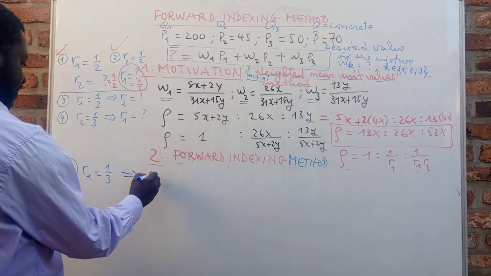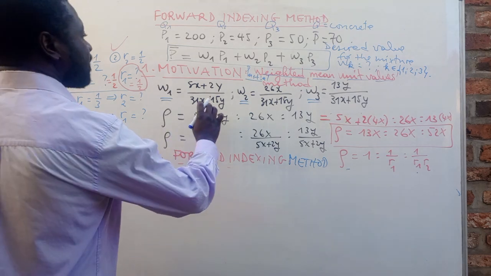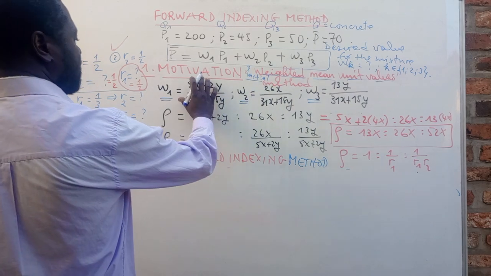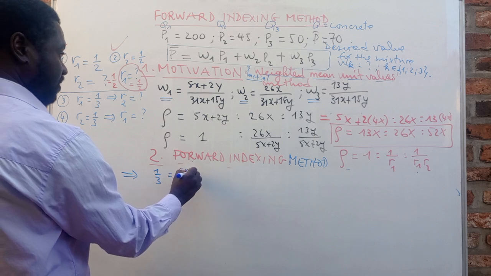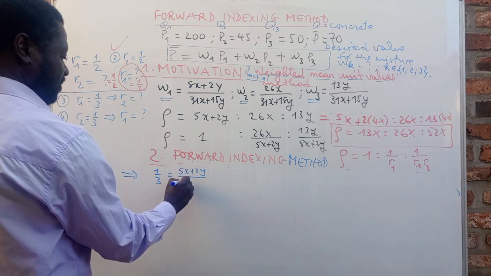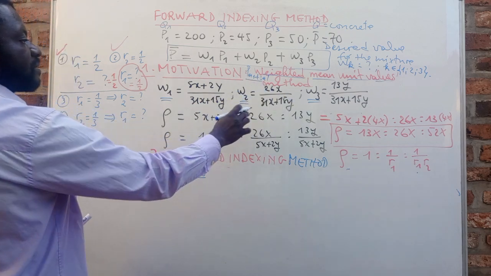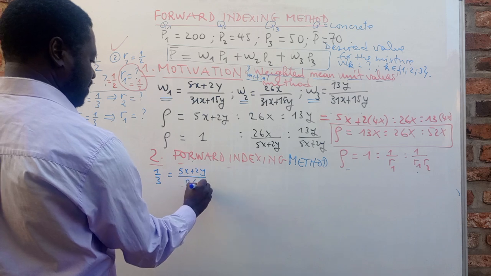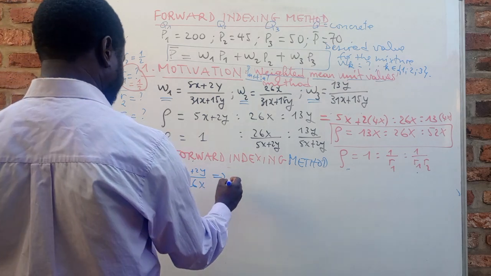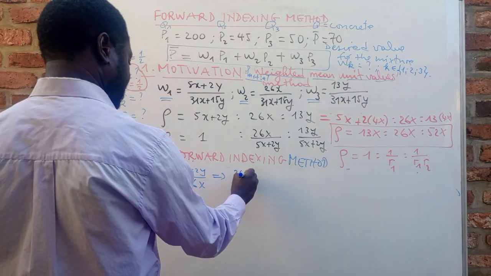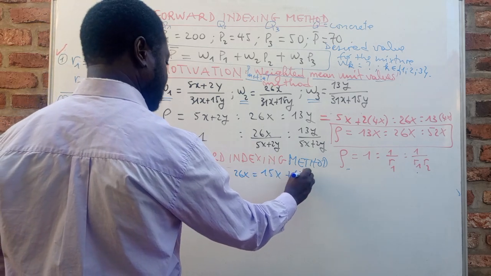This means that 1 over 3 is equal to R1. The first ratio is omega 1 over omega 2, which is 5x plus 2y over 3, over the same denominator, which will cancel, and we have over 26x. Which brings us to 26x is equal to 15x plus 6y.